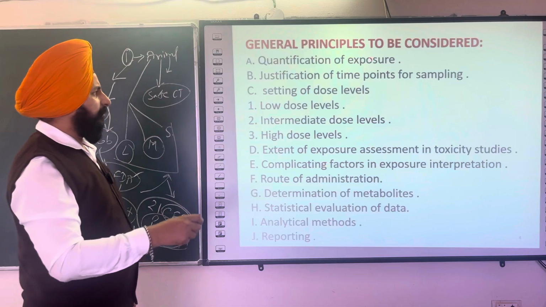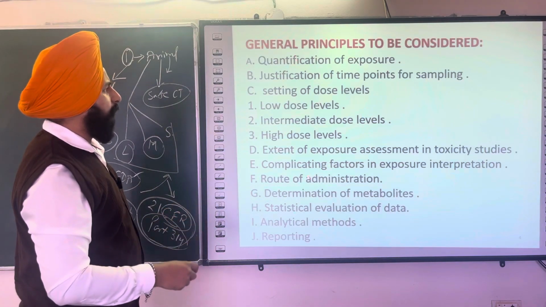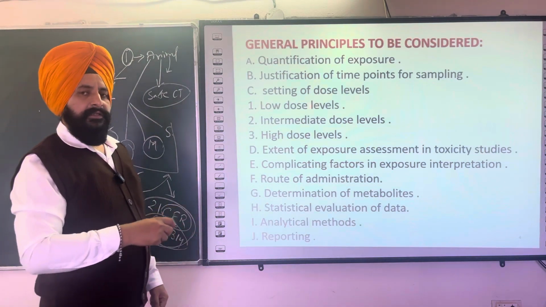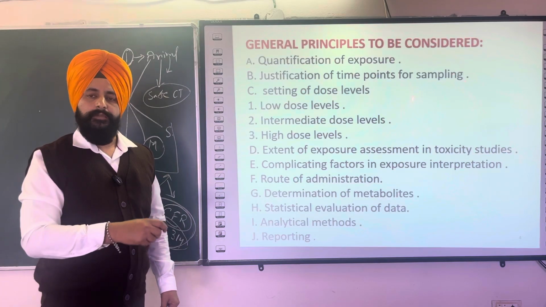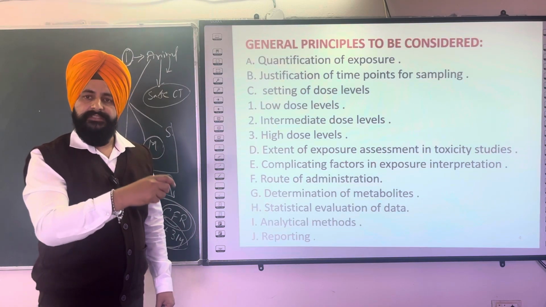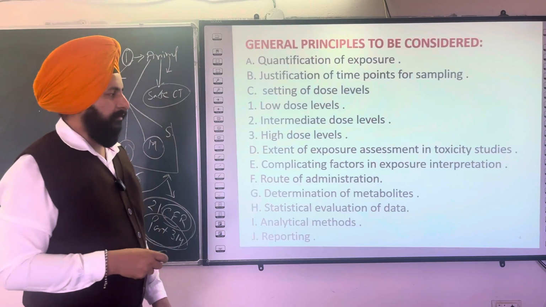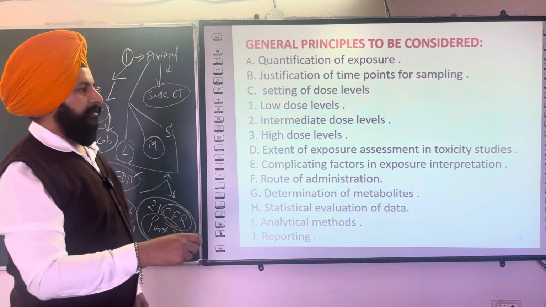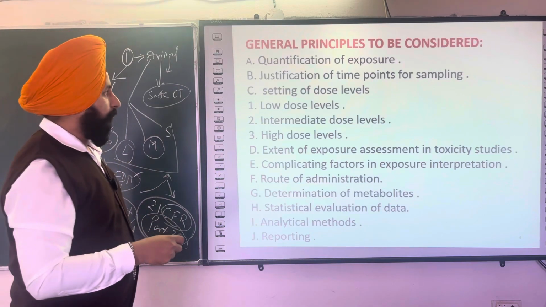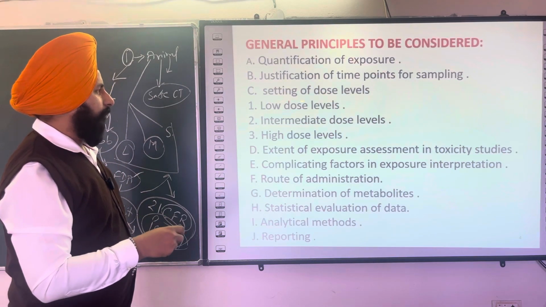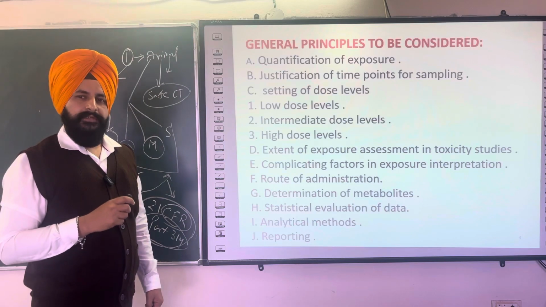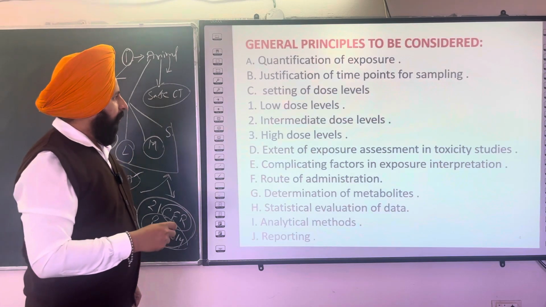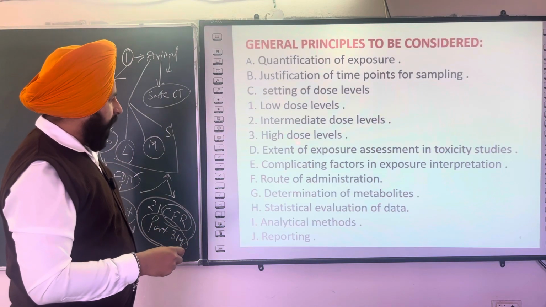So what are the basic principles? This is very important for young researchers so that they understand how you can do toxicity studies on animals using these basic principles. First is quantification of exposure, justification of the time point, which is very important, I will discuss. Setting of dose: how you can select the dose, what is the dose setting method, low dose, intermediate, high dose.